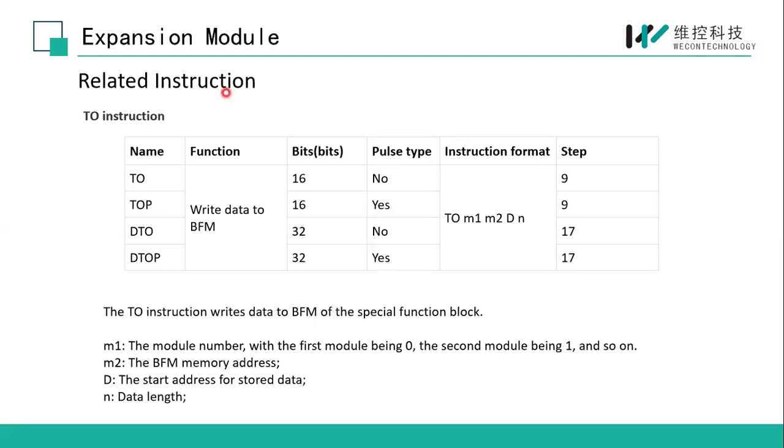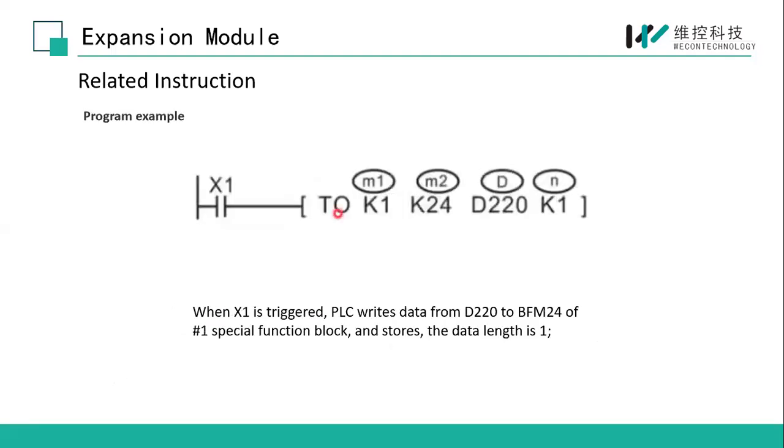The second related instruction is the TO instruction. It's the same, but it just writes data to the module. So you can see this program example. If X1 is triggered, the PLC writes data.